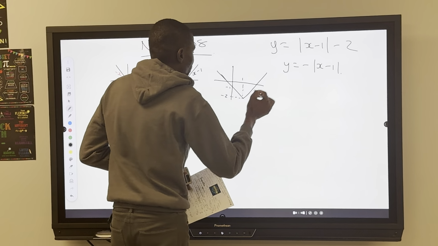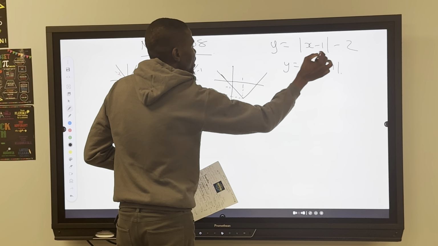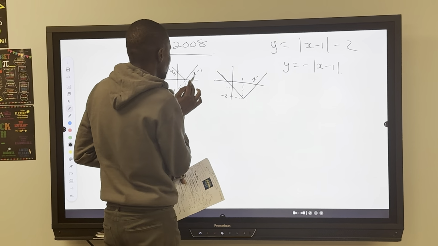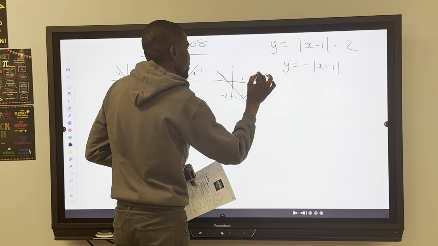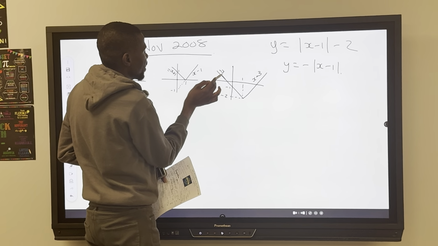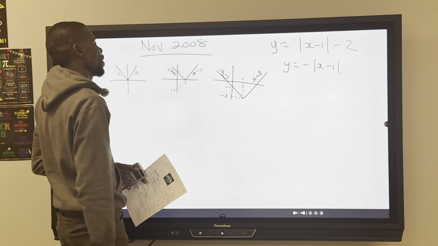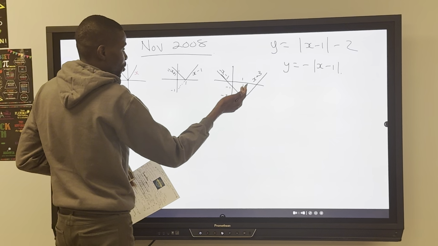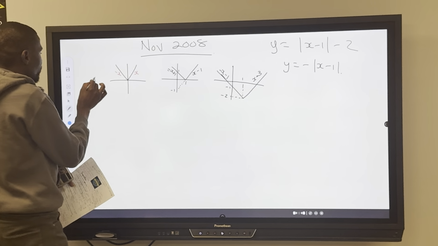So another one here, the equation becomes x minus 1 minus 2 is x minus 3, then negative x plus 1 minus 2 is now negative x minus 1. Okay, so these equations, guys, are very important, right? So that's for the first one.